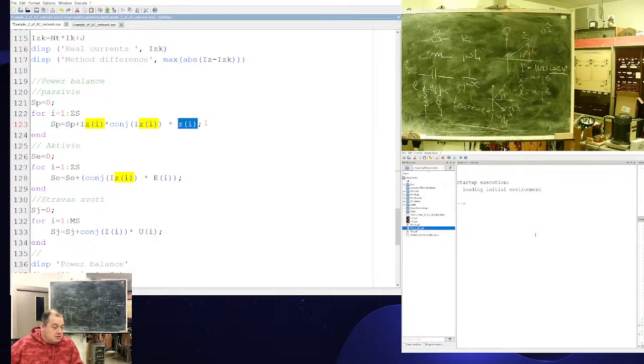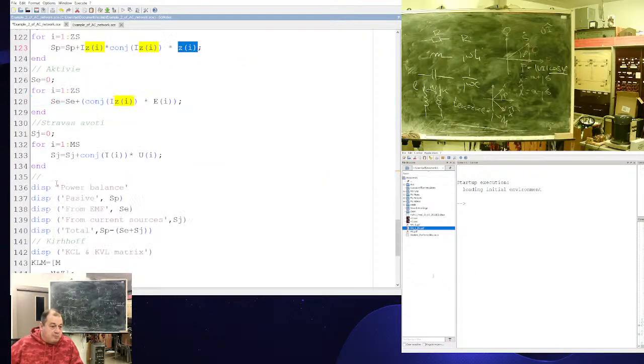Again, no mutual inductance. Active power. Again, don't forget I need to get the right sign of the imaginary part, so I need to apply a conjugation. Current sources: the conjugated current of the current source multiplied by node voltage. That's the way to calculate power correctly.